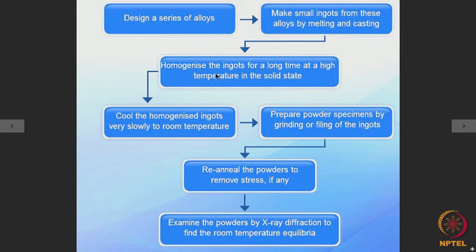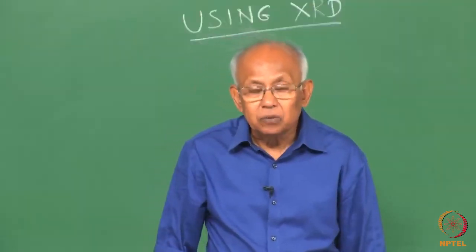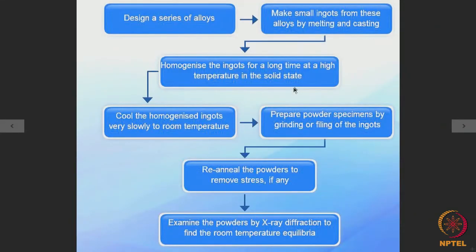The third step is homogenize the ingots for a long time at a high temperature in the solid state. This is very, very important. Homogenization for a long time is needed, so that the phases will be in equilibrium. Cool the homogenized ingots very, very slowly to room temperature.